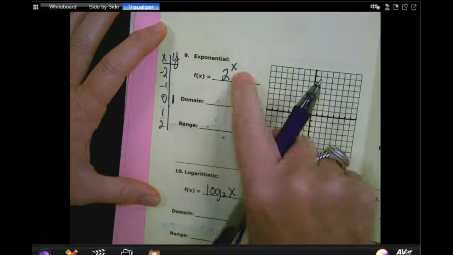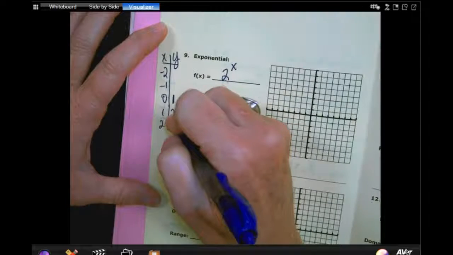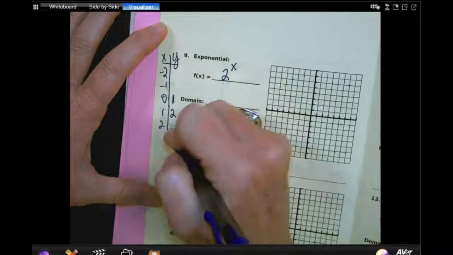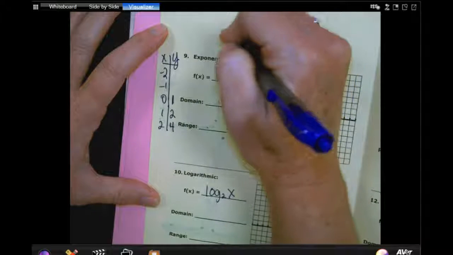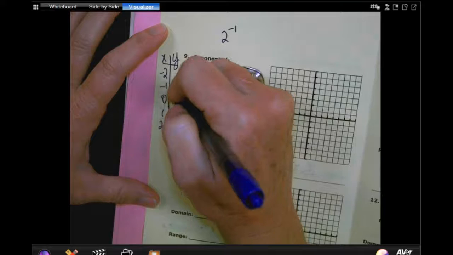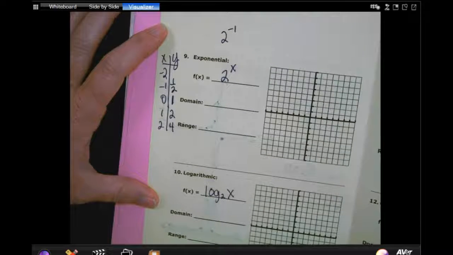If I put 1 in for x, what is your y value? 2. If I put 2 in for x, what is your y value? 4. If I put negative 1 in, what is your y value? 1/2. Okay, I don't get it. It's not a question, first of all.